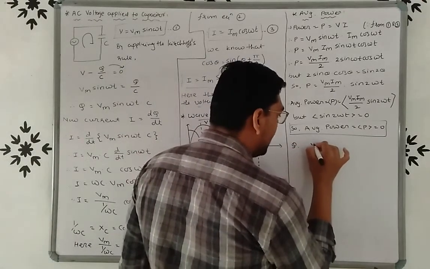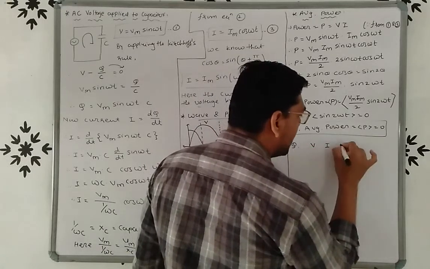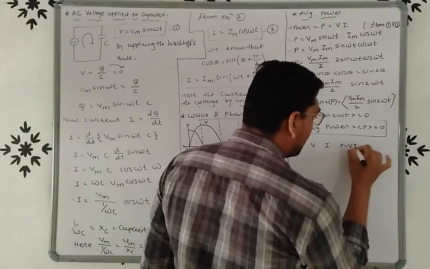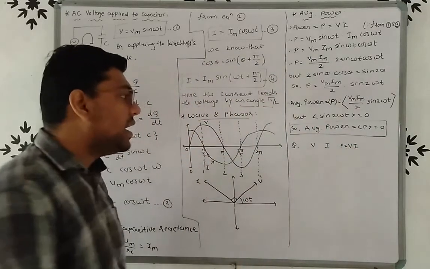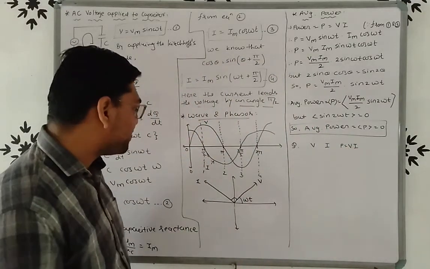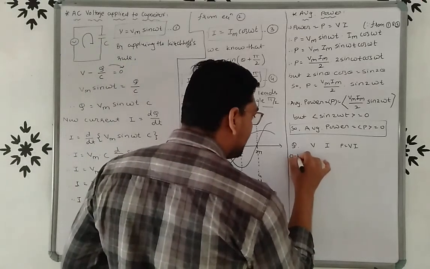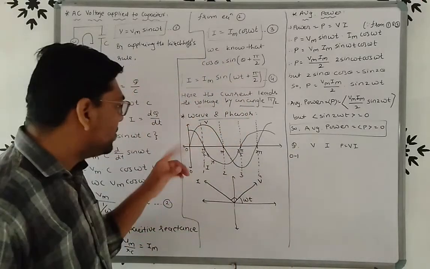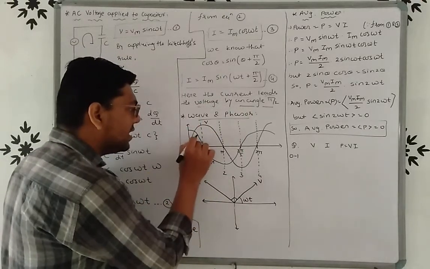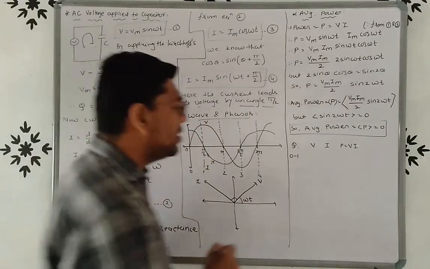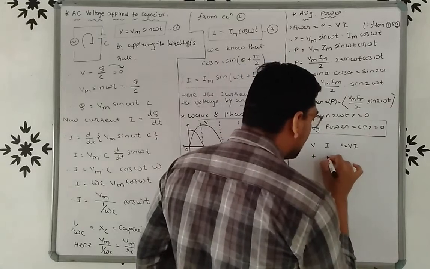Then the sign of voltage, current, then the sign of the product of voltage and current. Now what happened? See, for the first quarter 0 to 1, you can see here the voltage and current both are positive. So voltage positive, current positive.